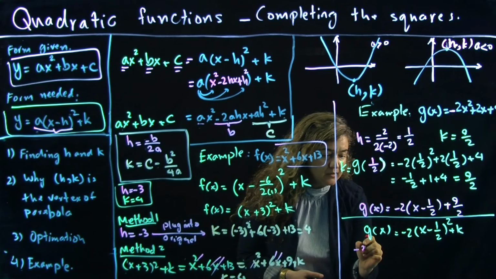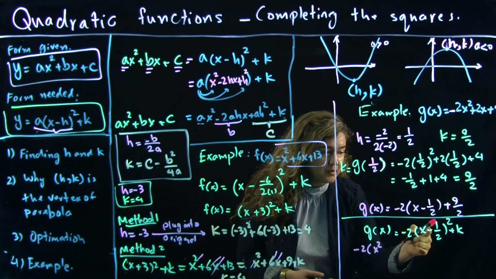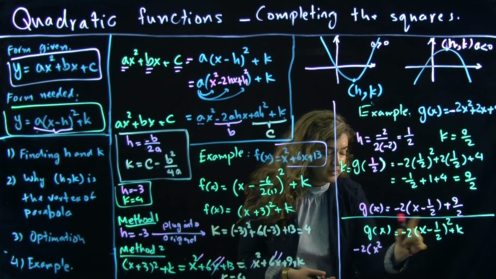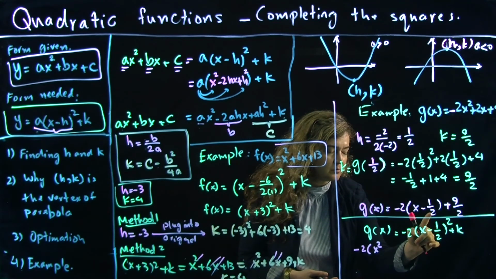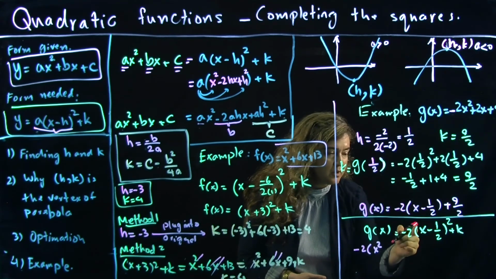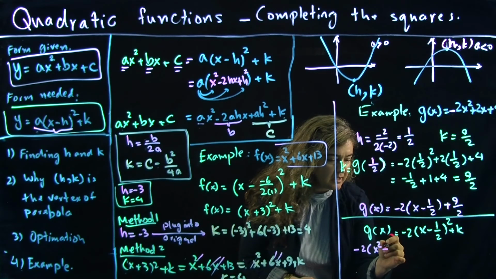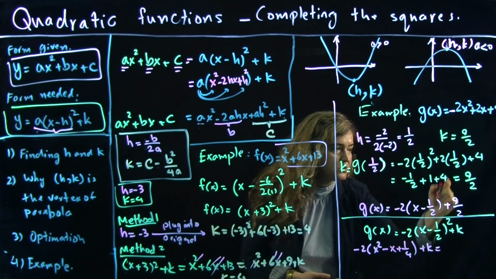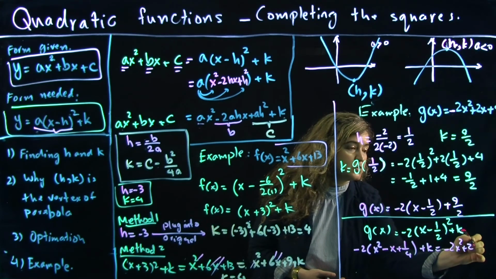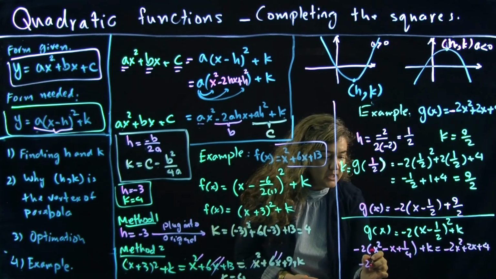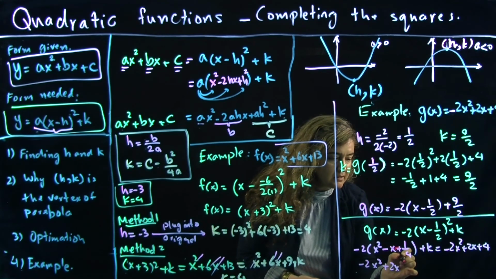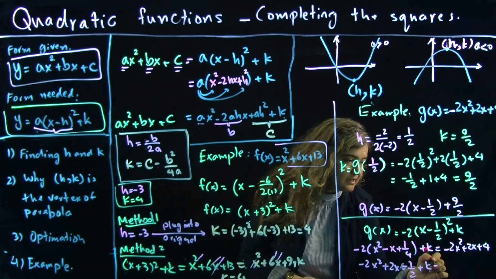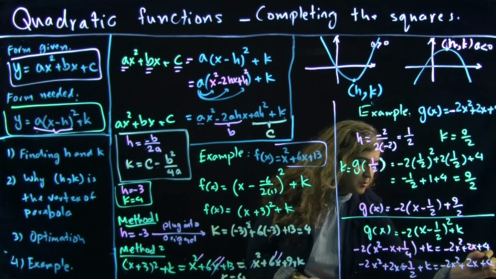And that would be negative 2 x squared minus 2 times 1/2 times negative 2 over here, minus 2 times minus 1/2 times 2 times x, which would be positive minus x, and then 1/2 to power 2, which is 1/4, plus k should be equal to negative 2x squared plus 2x plus 4, and that would be negative 2x squared plus 2x plus minus 1/2 plus k is equal to negative 2x squared plus 2x plus 4.